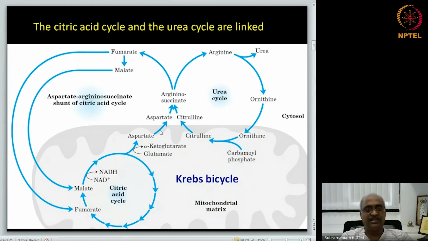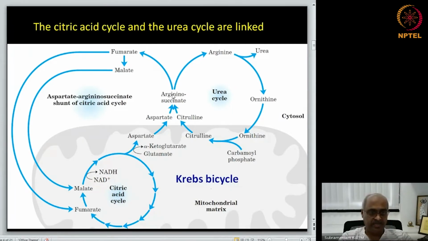And what's the connection to the TCA cycle? Oxaloacetate through transamination can form aspartate. From glutamate, the amino group can be transferred to oxaloacetate, forming aspartate. The remaining carbon skeleton of glutamate will be alpha ketoglutarate. And that aspartate can enter here.